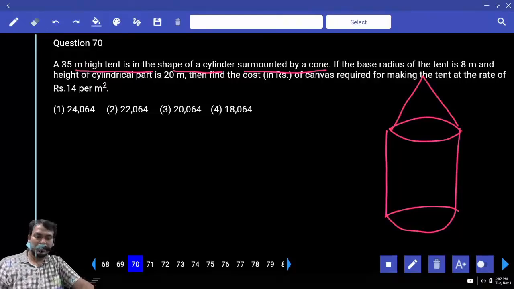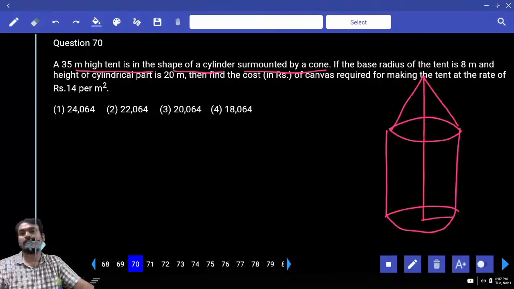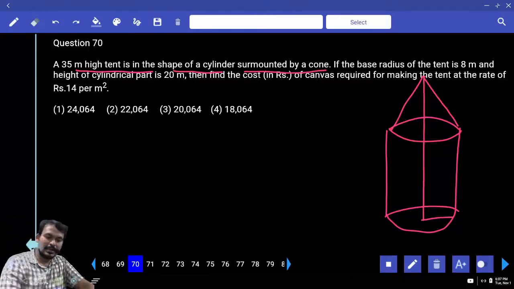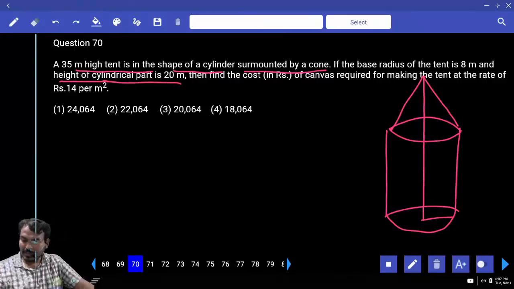What is the height of the total tent? 35 meters. In that, the cylindrical part height is 20 meters.